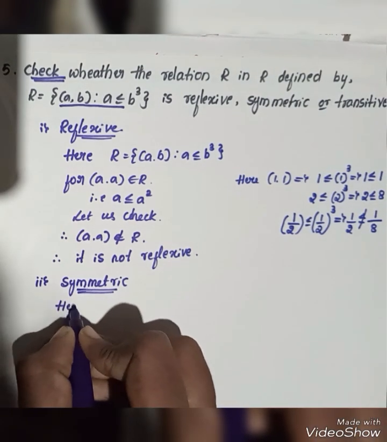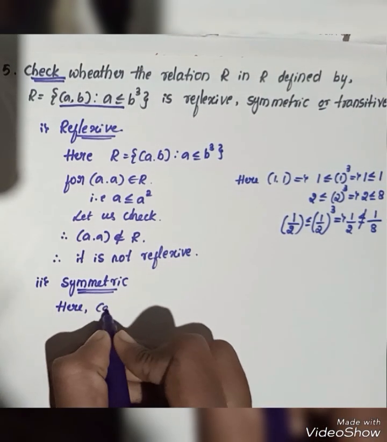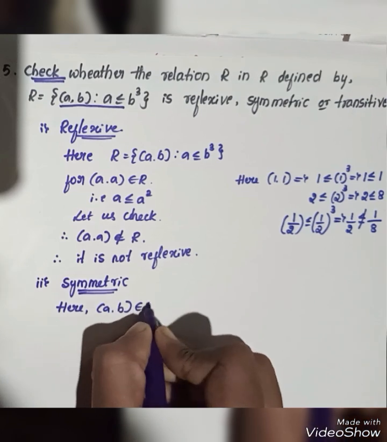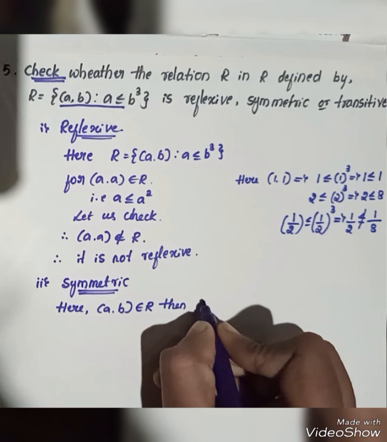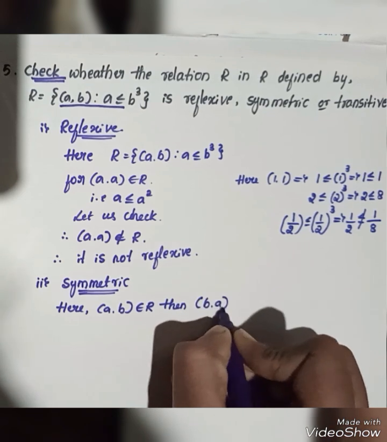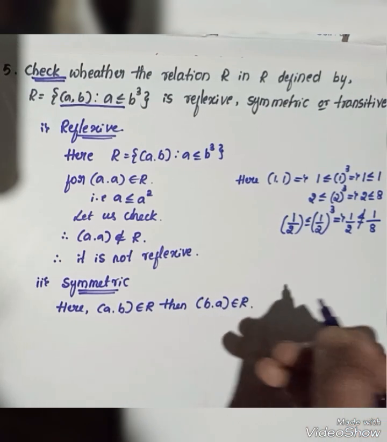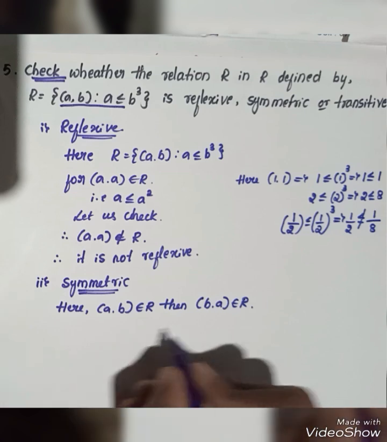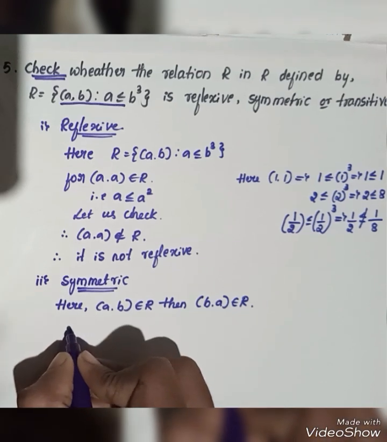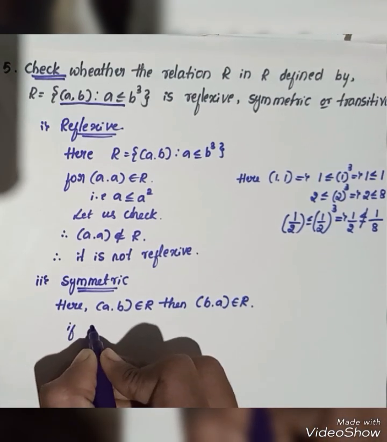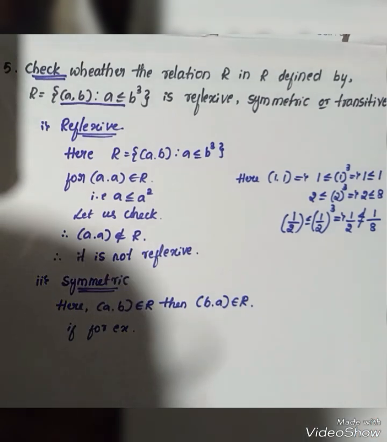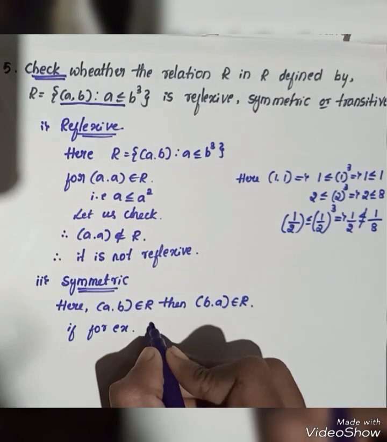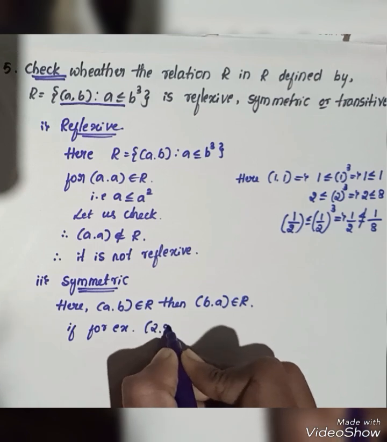Here, if (a, b) belongs to R, then (b, a) also belongs to R. For example, taking (2, 9).